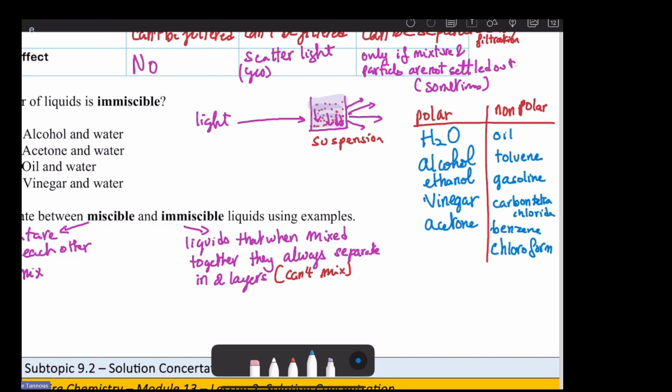So alcohol, ethanol, vinegar, acetone I mentioned. I want to give you examples that come in the quizzes, so I'm just trying to remember anything that can help.